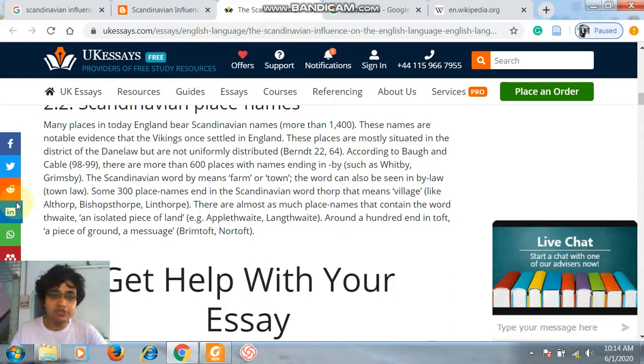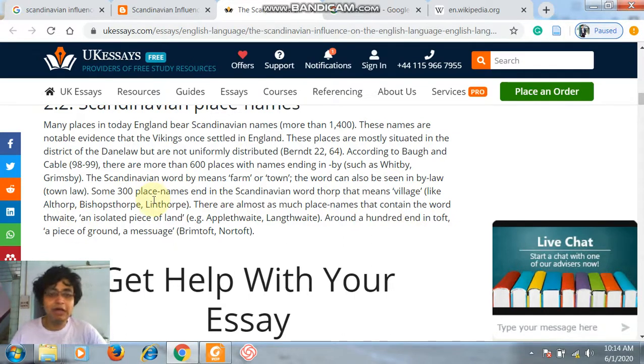So this suffix -by has been borrowed from Scandinavian. The Scandinavian word actually means farm or town. The word can also be seen in the by-law or town law. And almost 300 place names end in the Scandinavian word thorp, which means village, like Althorp, Bishopsthorpe, Linthorpe.